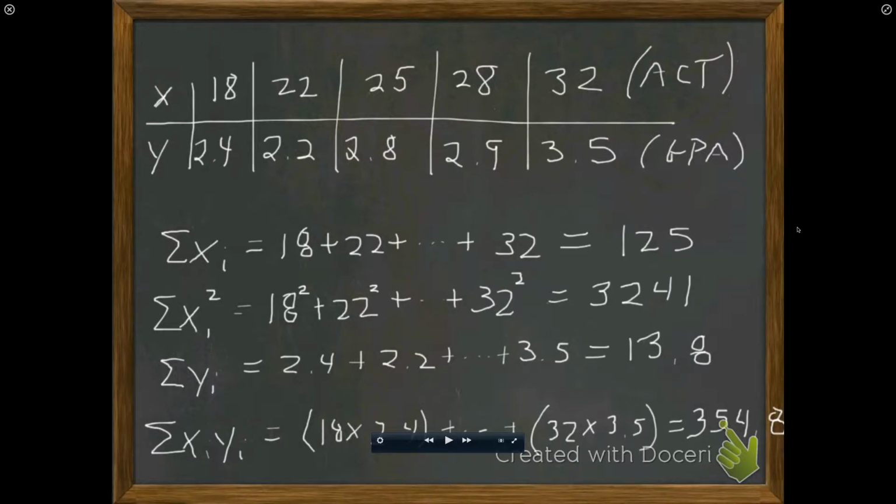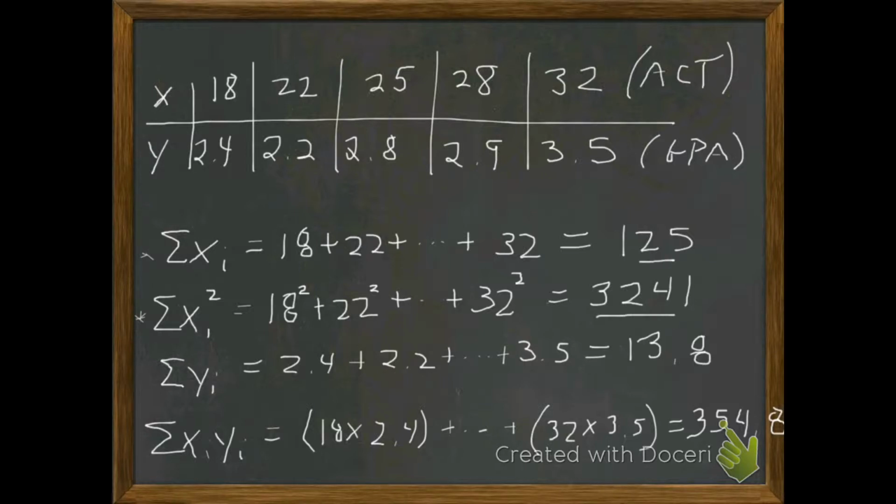So what I did is I calculated 4 things that we're going to use. The very first thing would be the sum of the x sub i's, and that's just simply adding 18 plus 22 up to plus 32, to get 125. The second line is the sum of the x sub i squares, and that just means we square each x term and sum, and for that we get 3241.